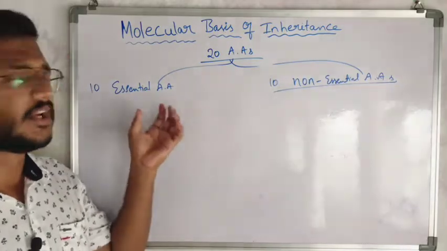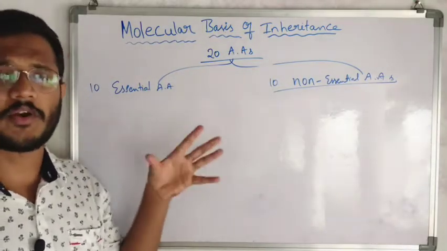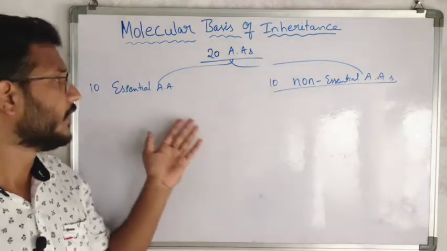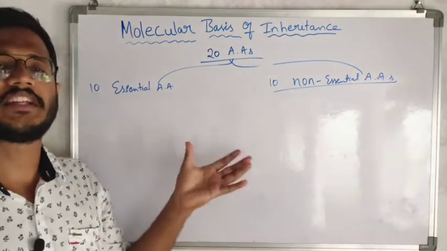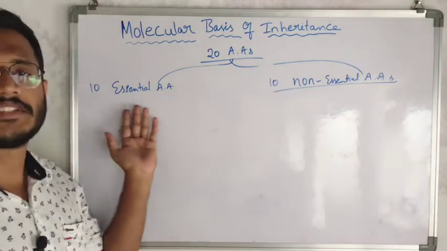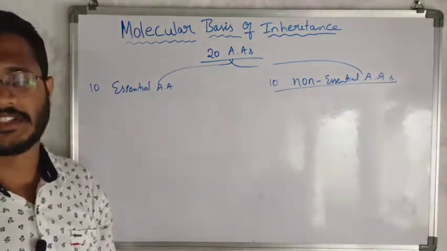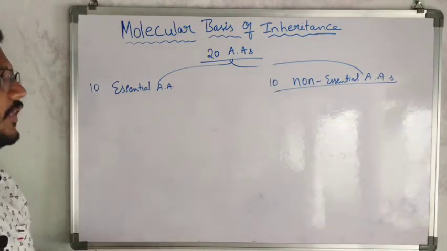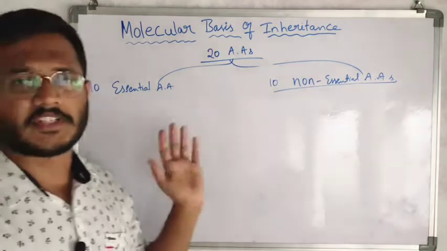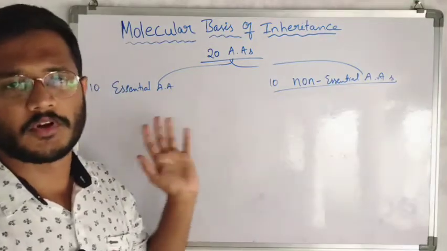In recent times this list is somewhat different, but we have to follow our textbook. According to recent data, some of these have moved to the non-essential category. So we have to follow the textbook until they modify it.